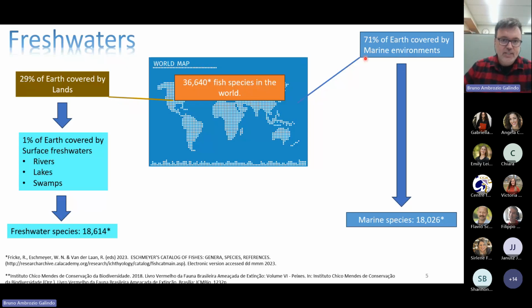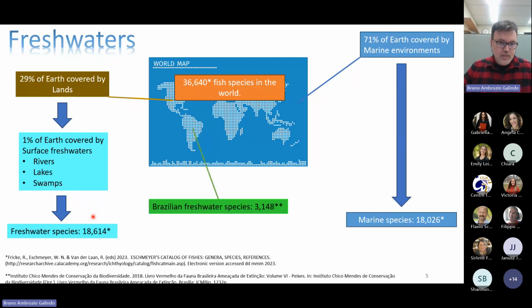In the 71% of Earth's coverage, I have about 18,000 species, and in this 1%, I also have 18,000 species. So we can realize the importance of the freshwater environment with these numbers. In Brazil, we have about 3,000 freshwater species.